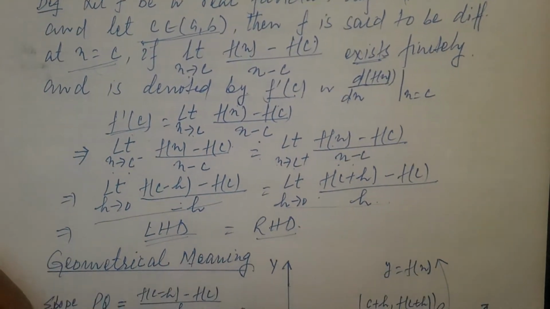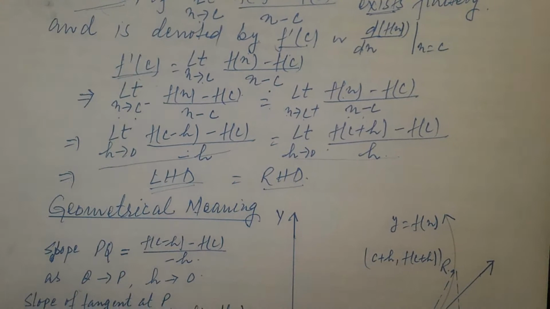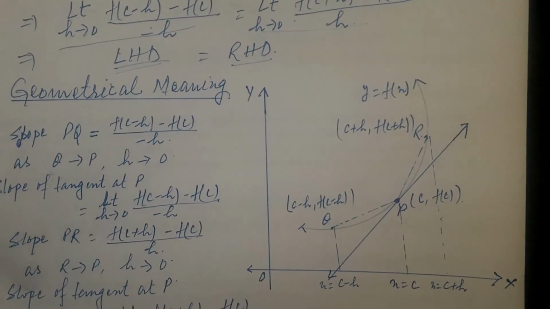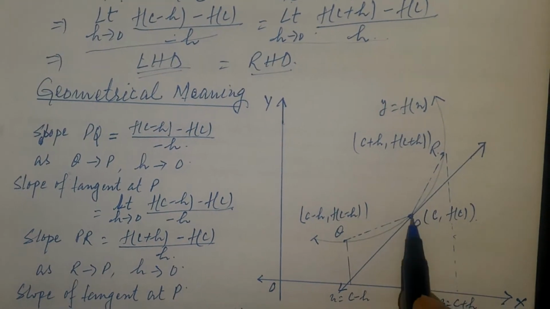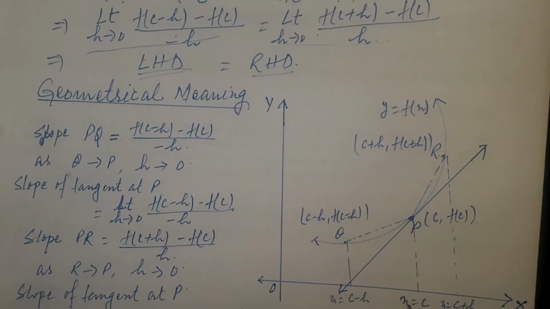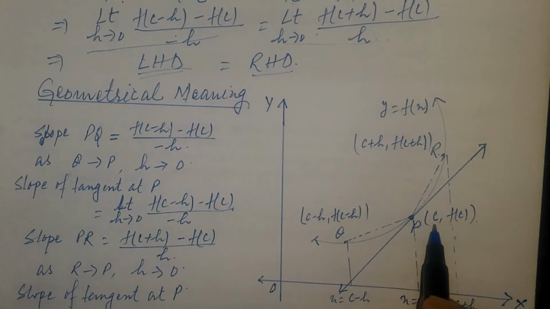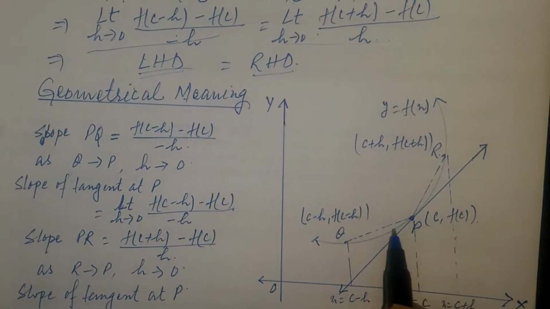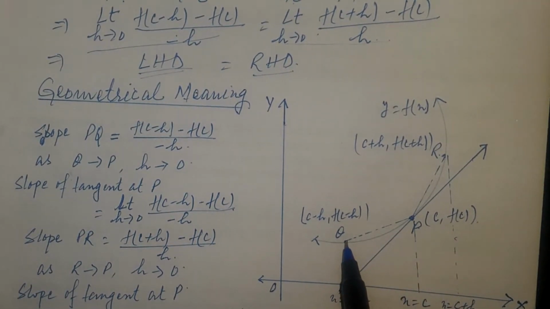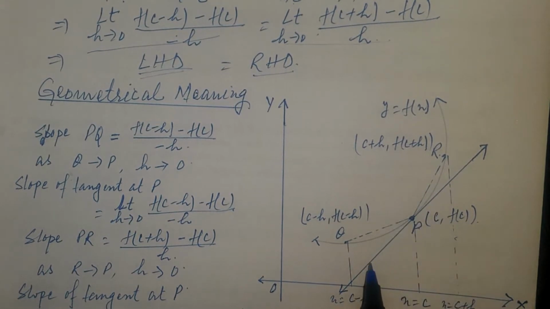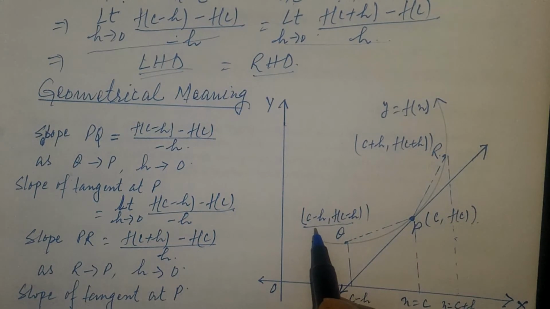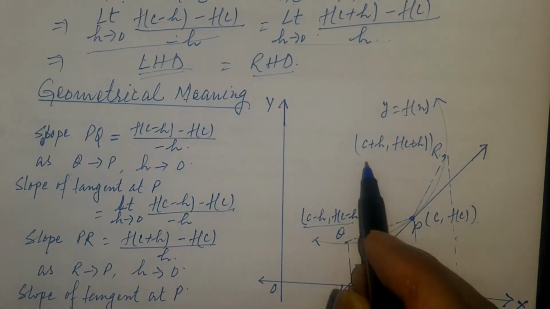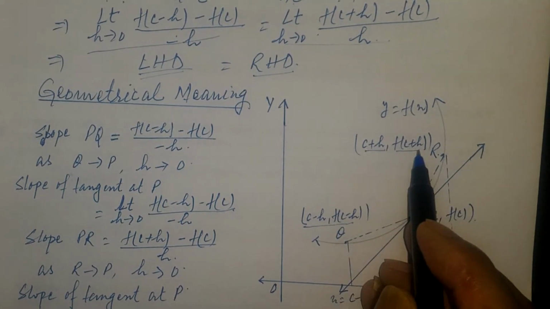We'll understand the geometrical meaning. Say you are having a function y equal to f(x), and this is the graph of the function, and there is a point P whose x coordinate is c. So the coordinate of this point is (c, f(c)), and there are two neighborhood points, one is Q and the other is R. The corresponding coordinates of Q and R are (c minus h, f(c minus h)) and (c plus h, f(c plus h)).